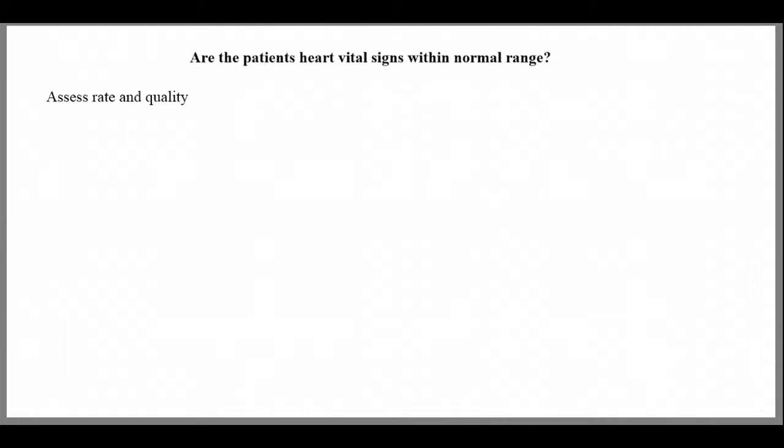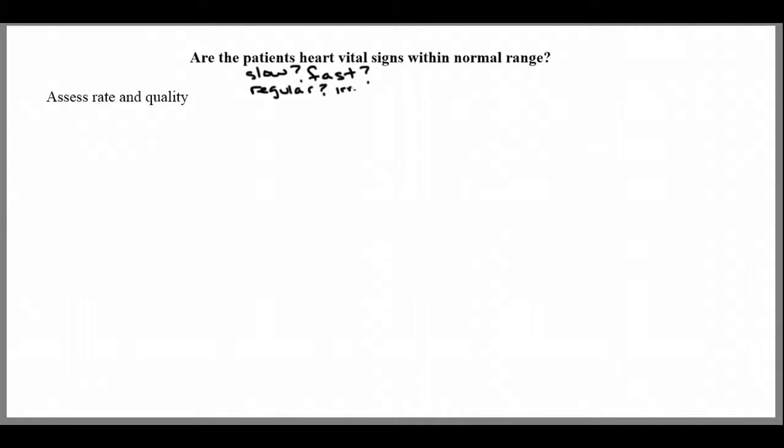I'm going to go through these vital signs and give some examples. So, are the patient's heart vital signs within normal range? When assessing the heart, you assess the rate and quality. Is the heart rate slow? Is it fast? Is the heart rhythm regular?